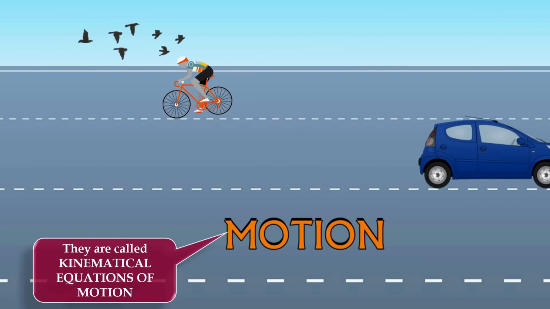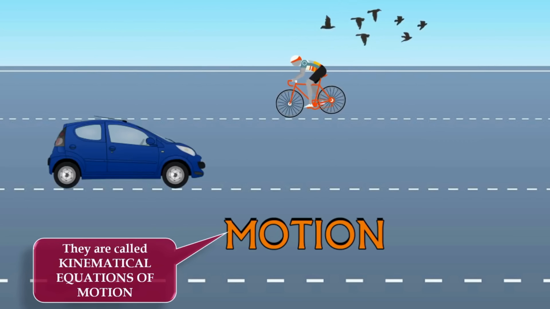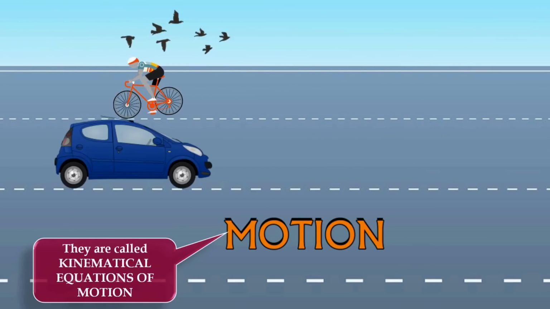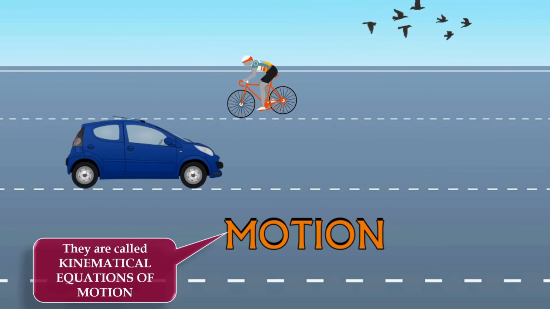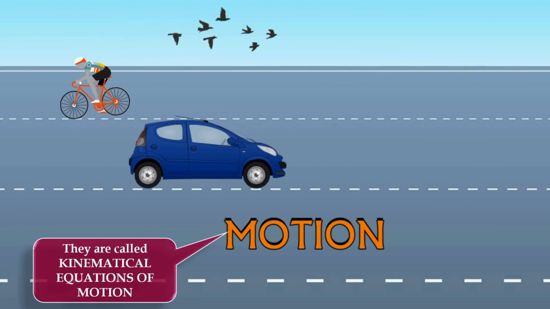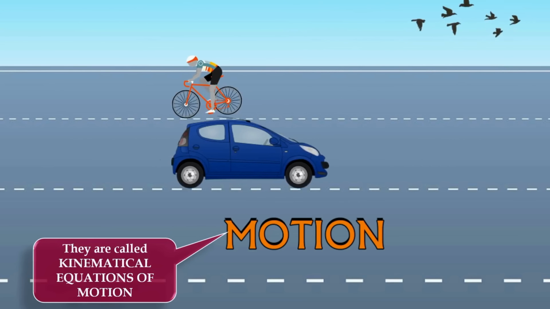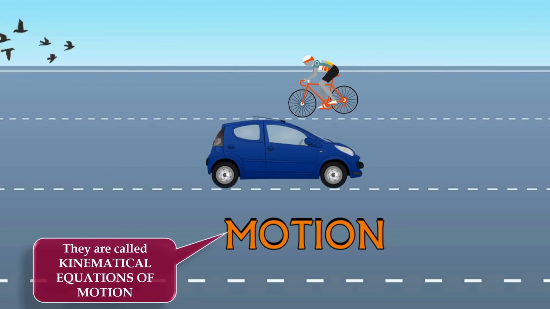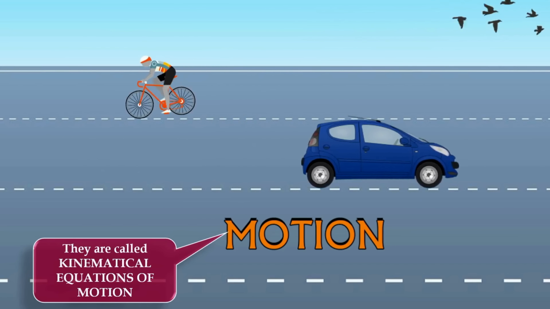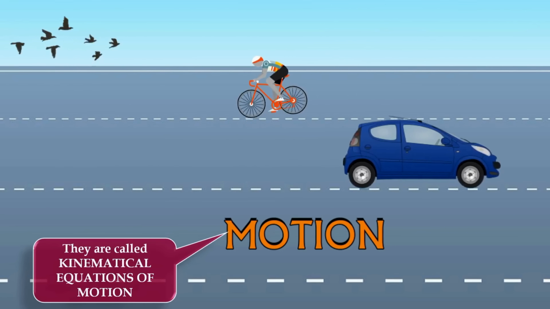For example, a car moving on a road or a cyclist riding forward both follow the principles of motion. Using these equations, we can calculate how fast an object is moving, how long it moves, or how far it travels. In the next part, we will learn about each of the 3 equations of motion and understand how they are used in solving problems.